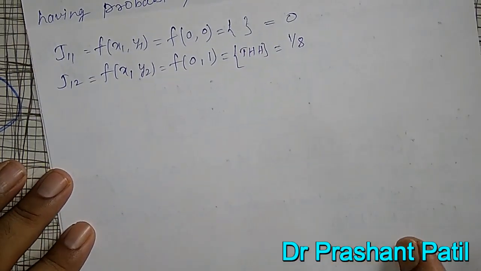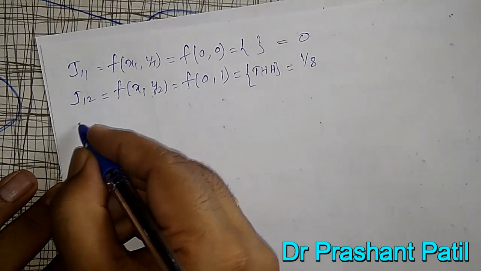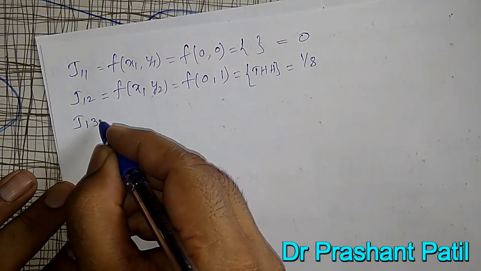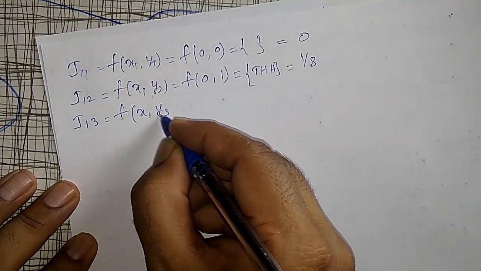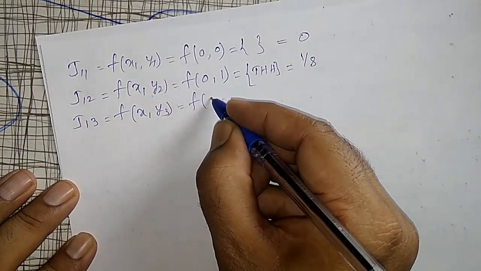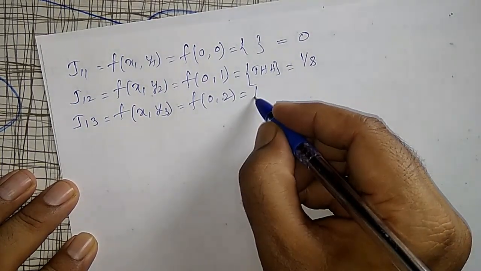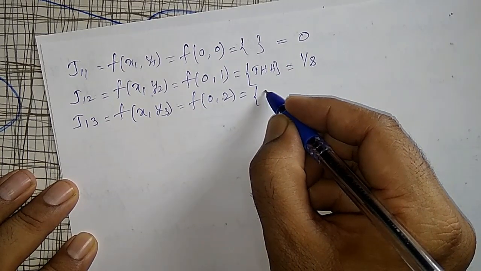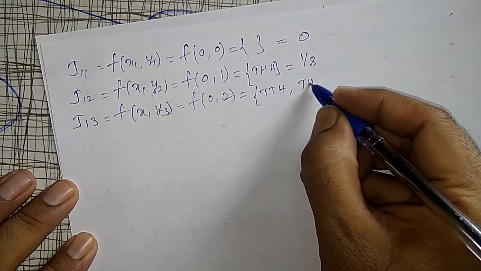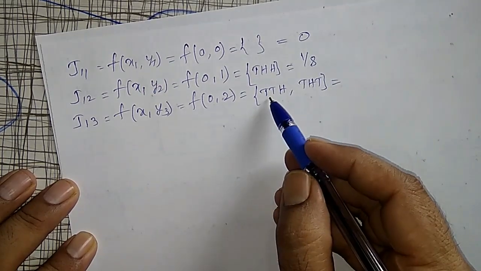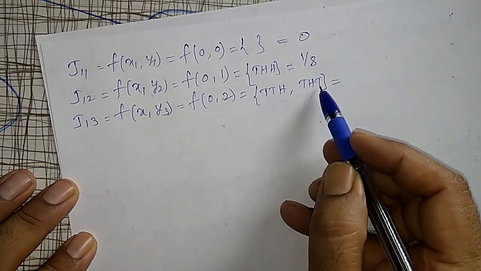Like that, joint probability of 1 3, that is f of x1 y3, f of 0 2. How many cases are there? The first coin is tail, so tail head tail and tail tail head. That is, the first toss is tail and the total number of tails should be 2.